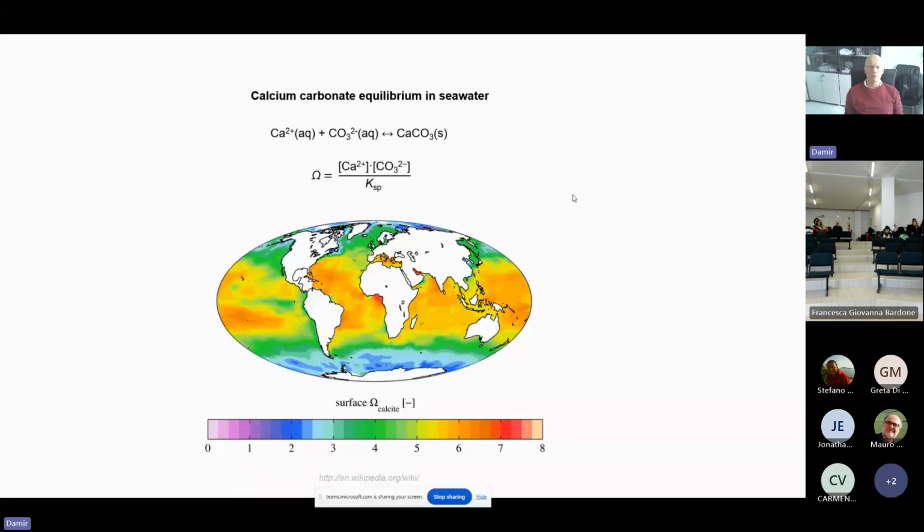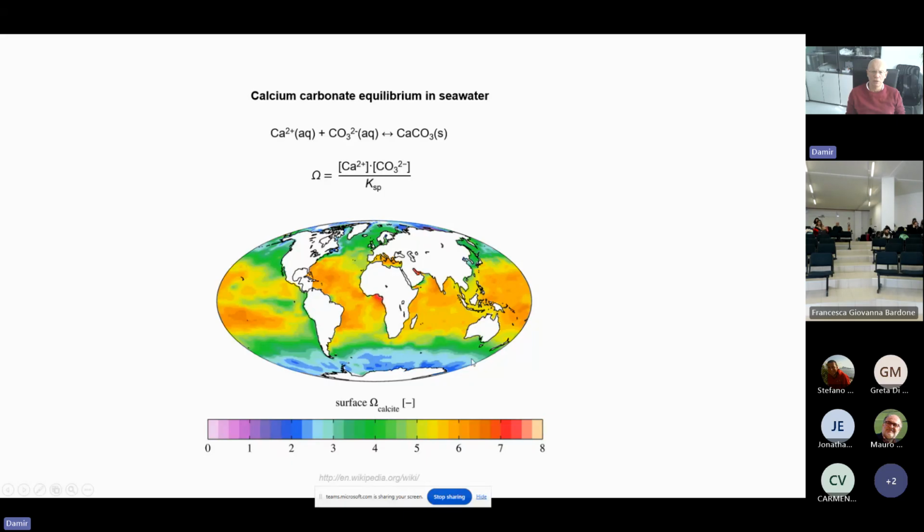Equilibrium in seawater, or supersaturation, is defined as the product of calcium and carbonate ion concentrations divided by the solubility product of calcite or aragonite. And here on this map is shown the distribution of surface supersaturation. Seawater is most supersaturated again in the Mediterranean, Arabian Sea, Arabian Gulf, Red Sea, also Northern Pacific, South Pacific, and the majority of the Atlantic Ocean.